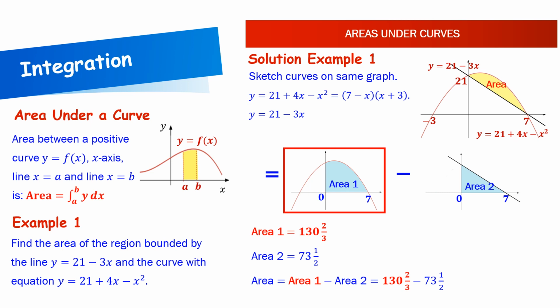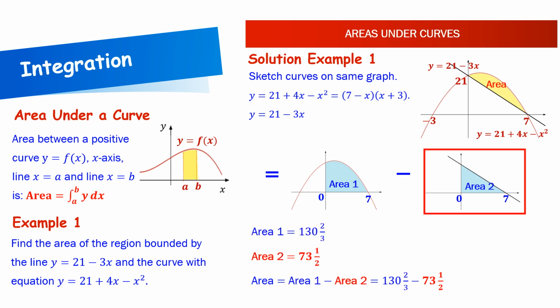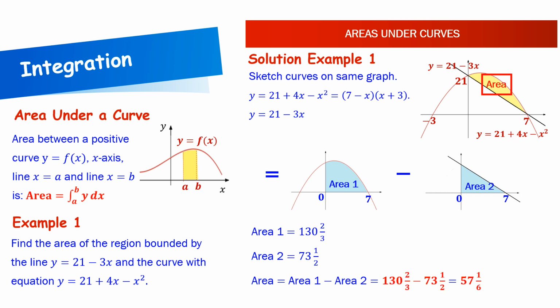So if we plug in area 1, which equals 130 2/3, and then subtract area 2, which is 73.5, and tidy up, we get 57 1/6. So the shaded area is equal to 57 1/6.